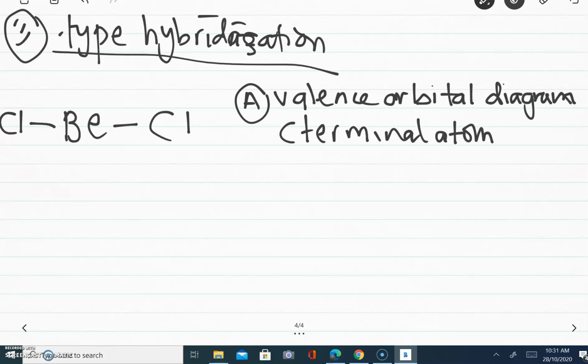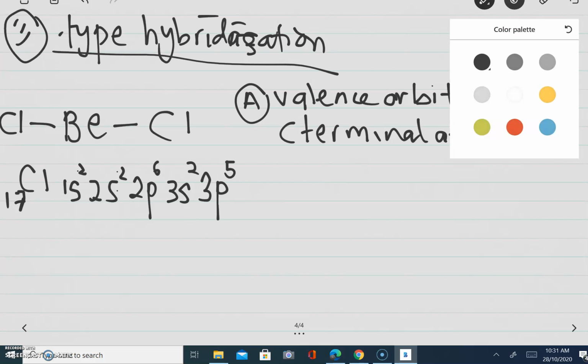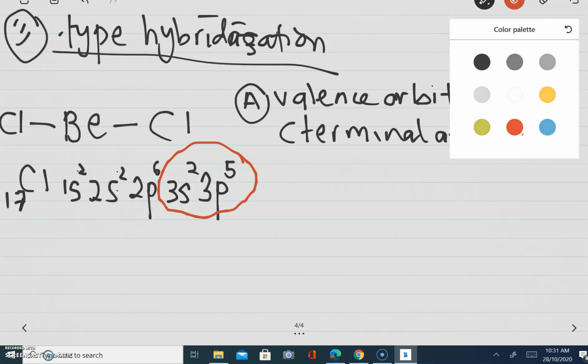Our terminal atom here is a chlorine atom. So, our chlorine atom has proton number 17 and our electronic configuration is 1s2, 2s2, 2p6, 3s2 and 3p5. Therefore, we can find the valence electronic configuration filled inside the 3s and 3p orbitals. So, this is your next task.